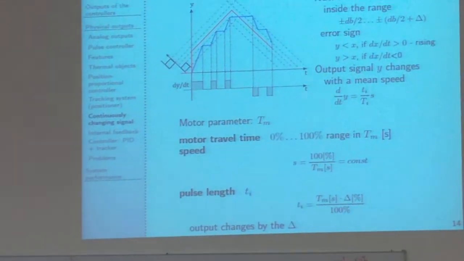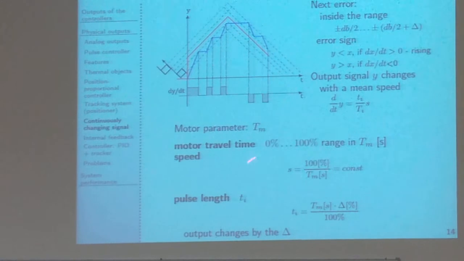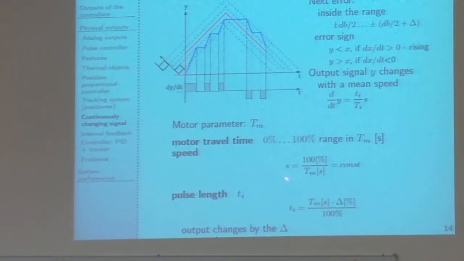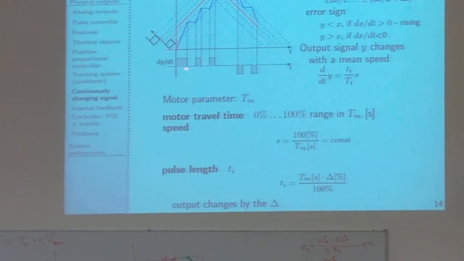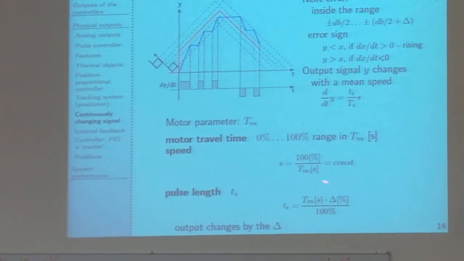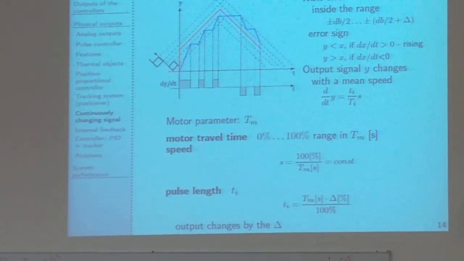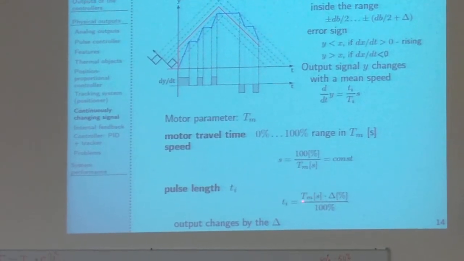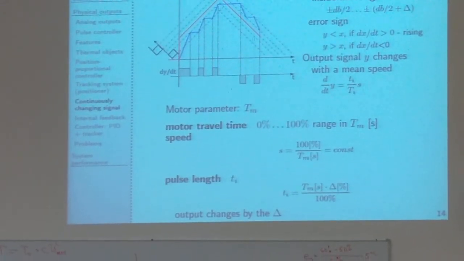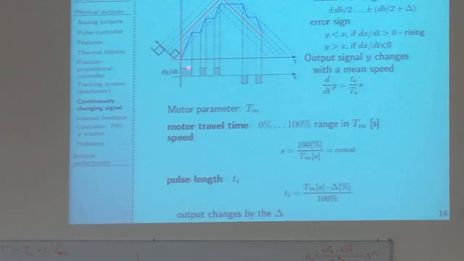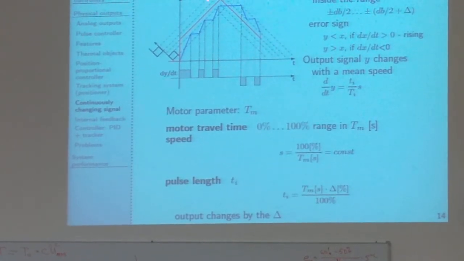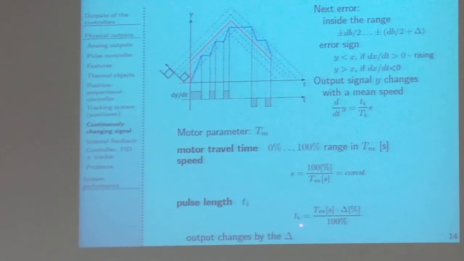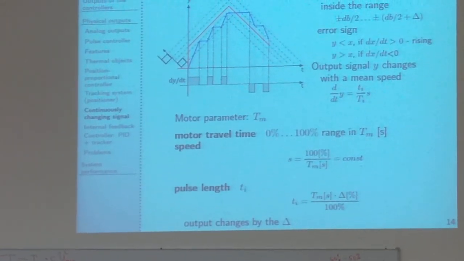And knowing that parameter, we can already say what the speed of the control will be, and how the pulse length depends basically on the motor travel time. So we can calculate the length of that pulse in order to obtain the right position for our valve.